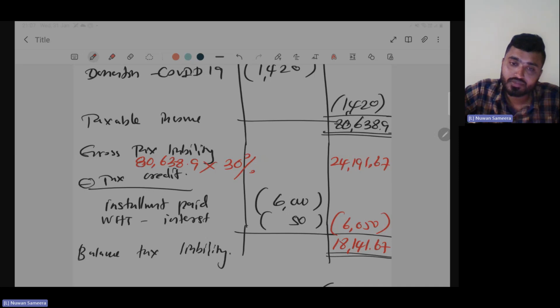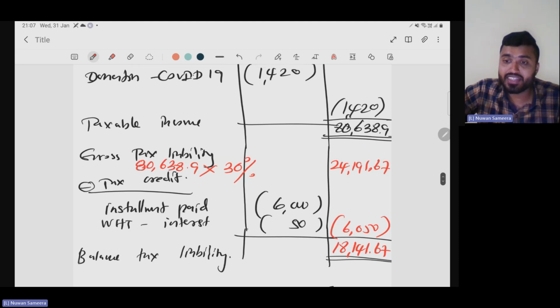If they give the investment income as net, should we convert it into gross? Yes, exactly. But not in all cases, right? If they give a net dividend, that means you received the dividend after deducting withholding tax. That withholding tax on the dividend is the final tax. So there is no need to gross up. Just write down dividend income, that is final tax.